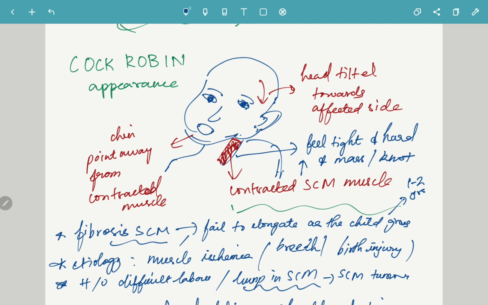It can disappear spontaneously, and there may also be asymmetrical development of the face leading to plagiocephaly. Plagiocephaly is nothing but a flat spot on the head.